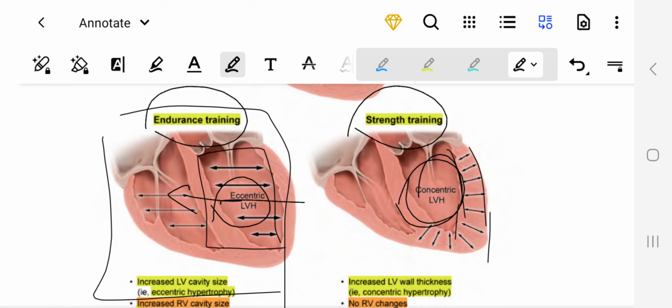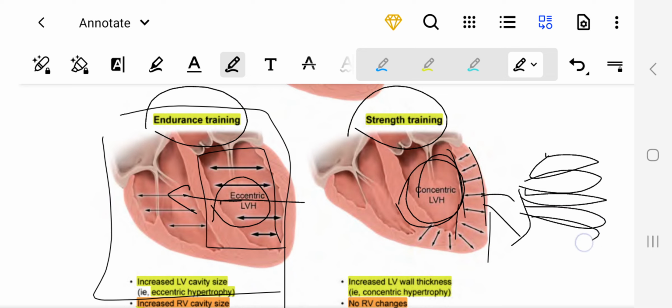But over here, there will be no increase in cavity size, but overall the thickness of the wall will be increased, because in concentric hypertrophy, the muscle fibers are increased in parallel, right?